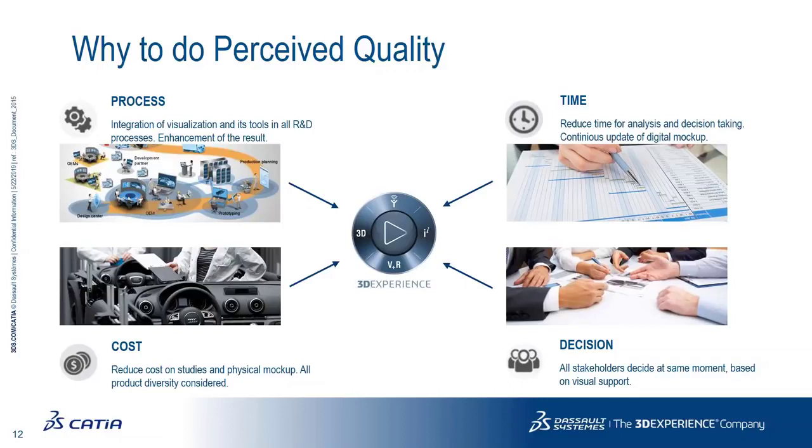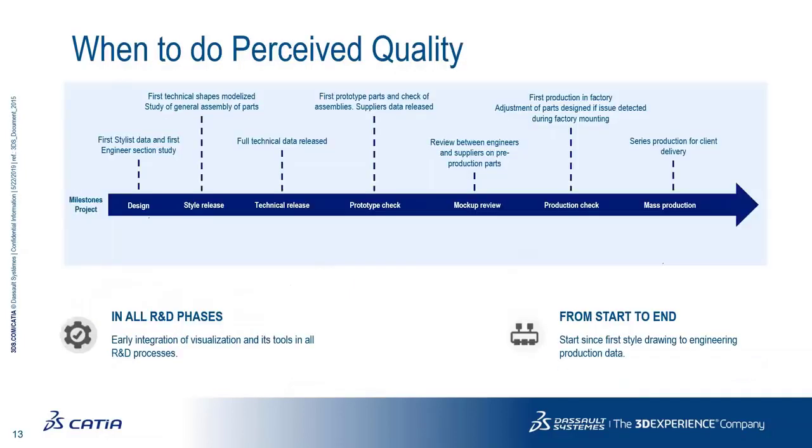This relates to a faster decision process. And furthermore, with that, you can save a lot of costs by reducing the amount of physical prototypes. Let's have a look at the timeline.